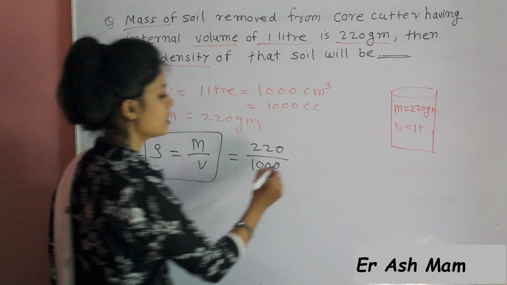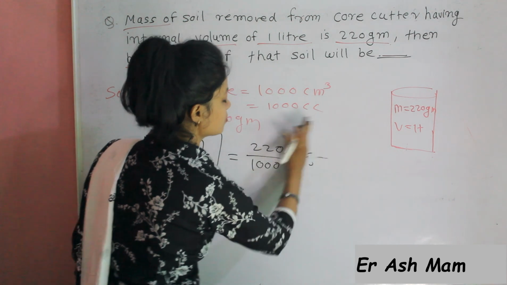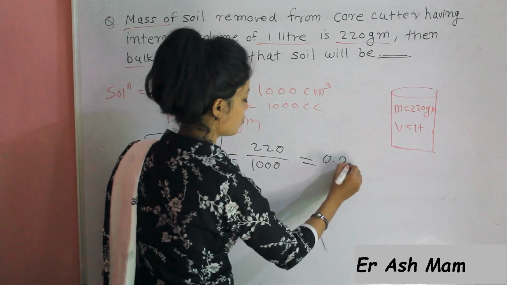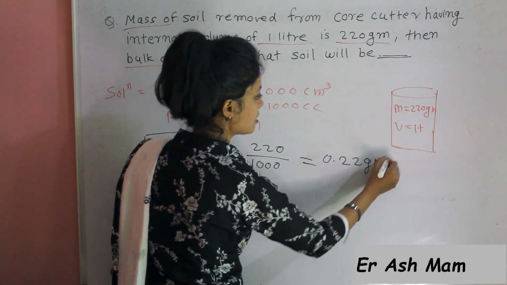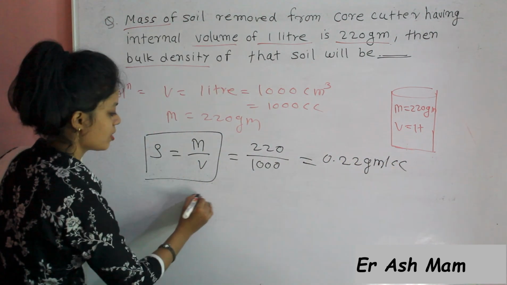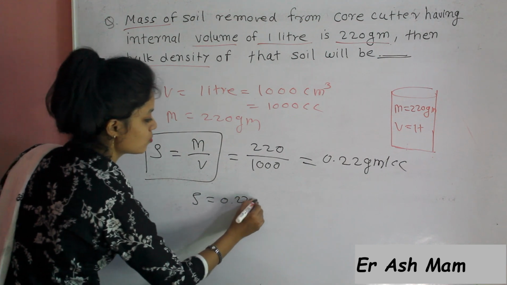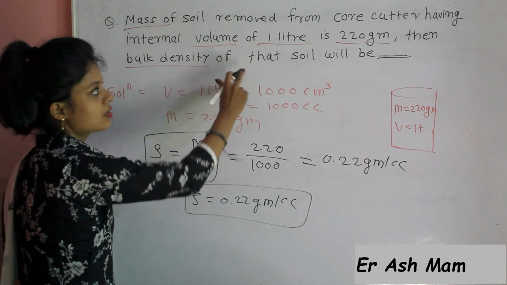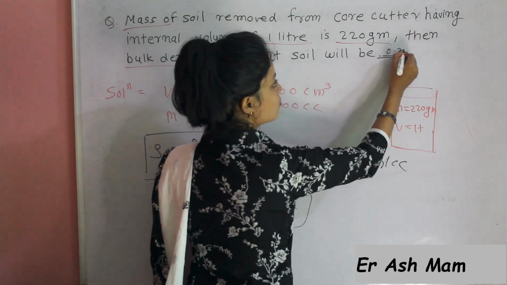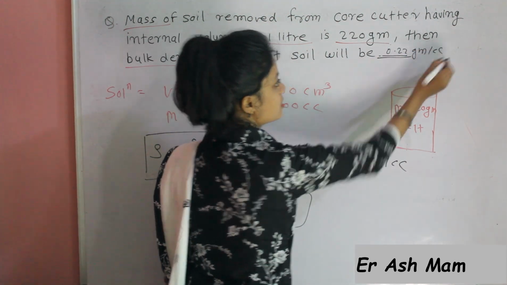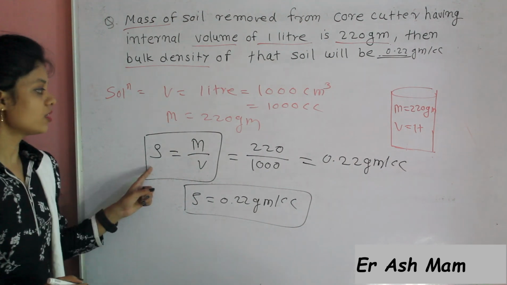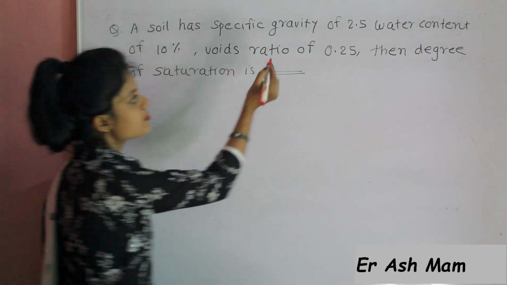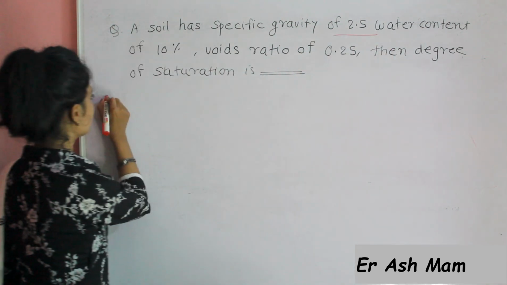Therefore, bulk density rho equal to 0.22 gram per cc. Bulk density of that soil will be 0.22 gram per cc. Okay. Formula, rho equal to mass upon volume. Basic formula.